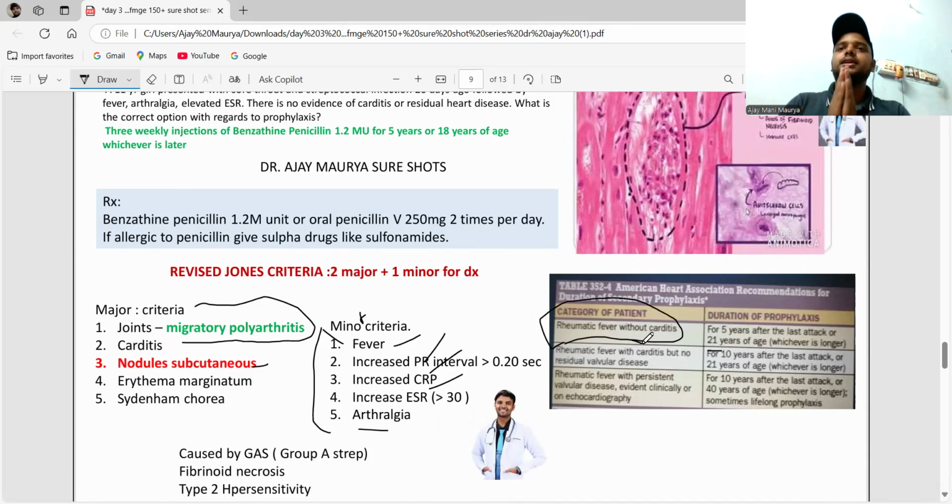Rheumatic fever with carditis but no residual valvular disease: 10 years after the last attack or until 21 years. Rheumatic fever with persistent valvular disease evident clinically or on echo: 10 years after the last attack and until 40 years of age.